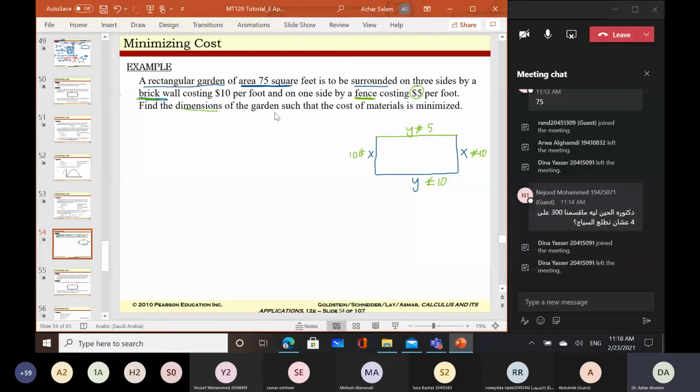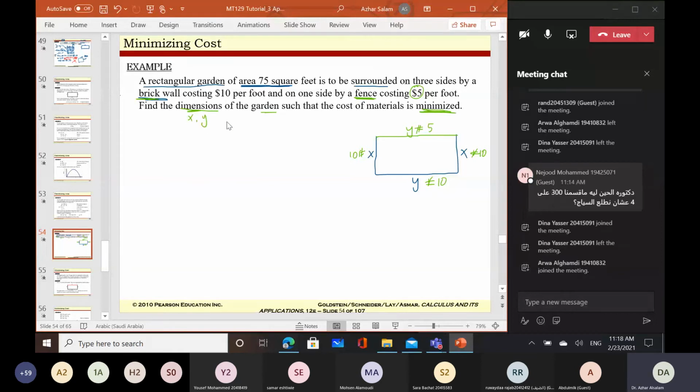Find the dimensions of the garden such that the cost of the materials is minimized. المطلوب مني هنا أوجد الأبعاد x and y of the garden such that the cost, this is my function to minimize, of materials is minimized. المطلوب مني أوجد أقل قيمة ممكنة للتكلفة، الأبعاد اللي تعطيني أقل قيمة ممكنة للتكلفة.